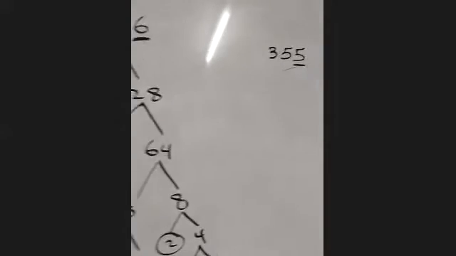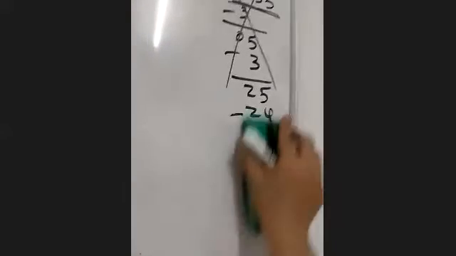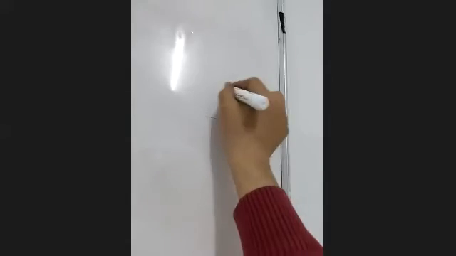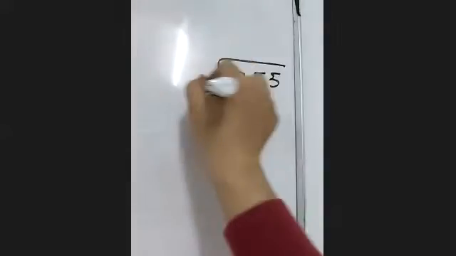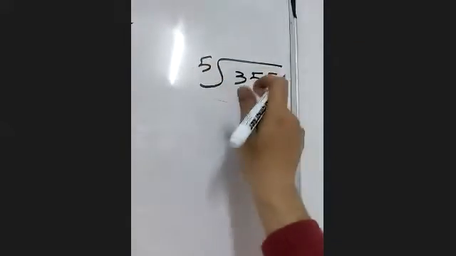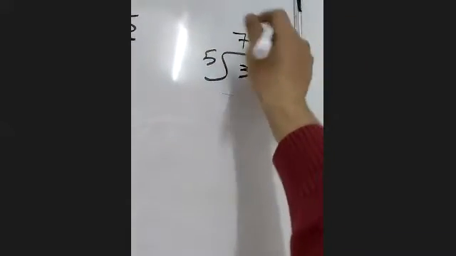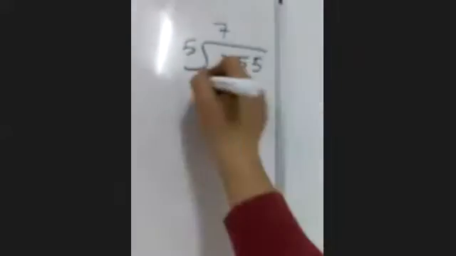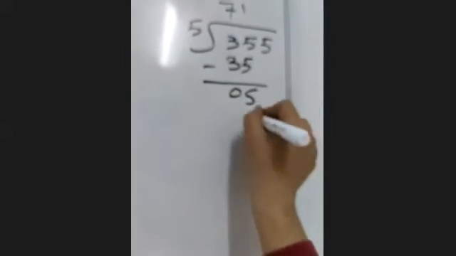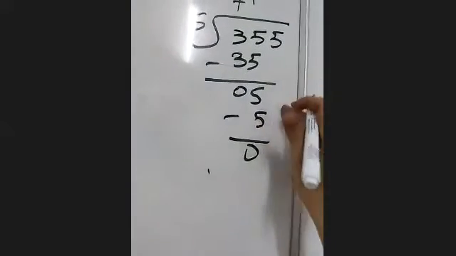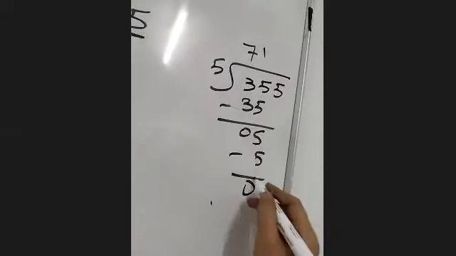Let's not try 4, 4 is even, let's try the 5. 355 divided by 5: 35 divided by 5 is 7. 7 by 5, 35. Subtract 0, 5, 1, 5, subtract 0. 5 minus 5, 0. So the remainder is 0.